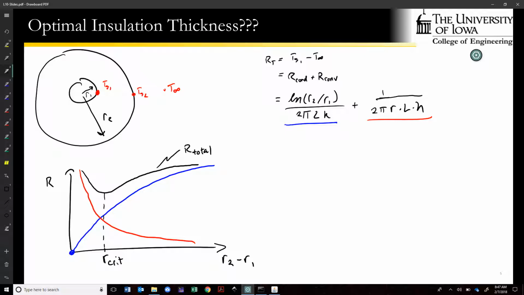This term, however, will continue to grow, and there's no limit on that natural logarithm term, so it's going to continue to go up and up and up infinitely. So there's no maximum on the total resistance. However, there is a minimum, which means that this critical radius is the worst possible choice you could make for insulating a pipe, because it'll increase the amount of convection without balancing that out with reduced conduction.